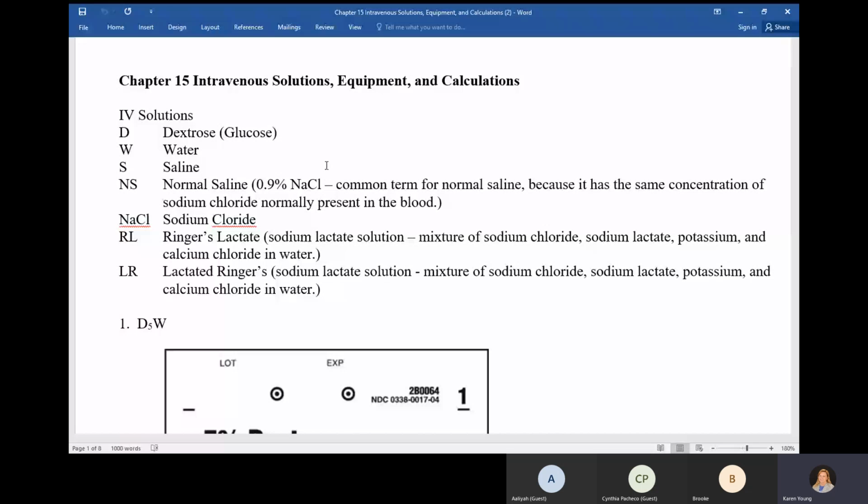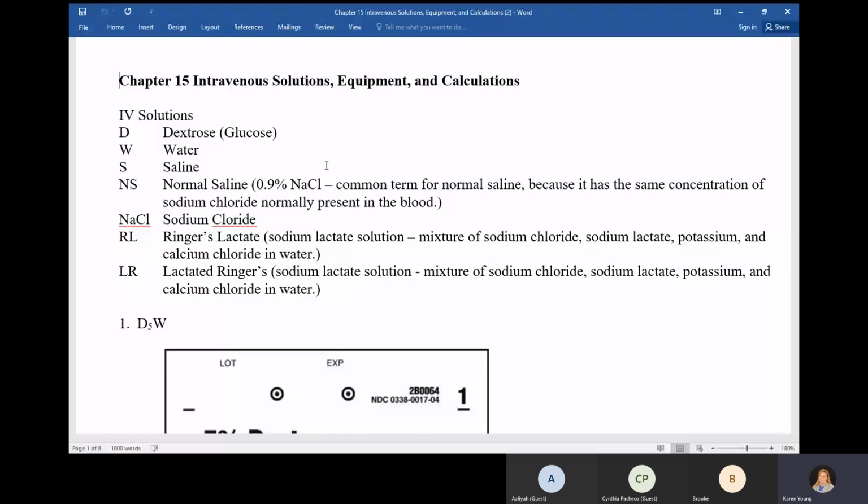It's 0.9% sodium chloride. That's the common term for normal saline, because it has the same concentration of sodium chloride normally present in the blood. Now, all this comes out of the textbook, so if you need to, go back and read a little bit more.